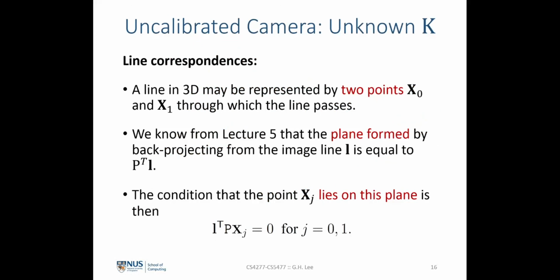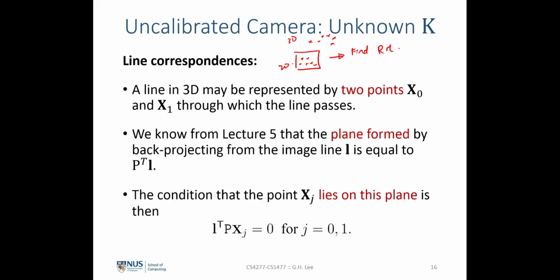Now, in the case where we are given 2D to 3D line correspondences, which means that instead of just now, what we have looked at is that on the image we are given a set of 2D points, and we know its 3D correspondences, or also a point in the 3D space. We want to find the rotation and translation from here, which means that we want to find the camera pose.